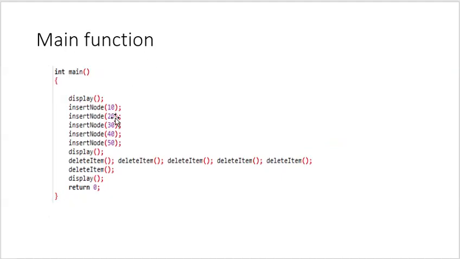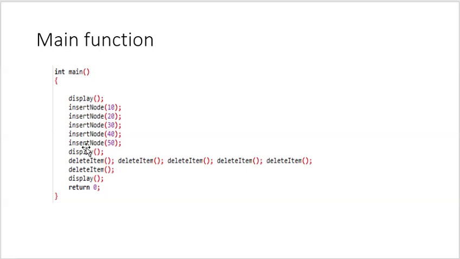So in the main, you just have to call the display function, and then the insert node. Here we have implemented this code using structures. I have just called the display function, so it will give us the nodes.